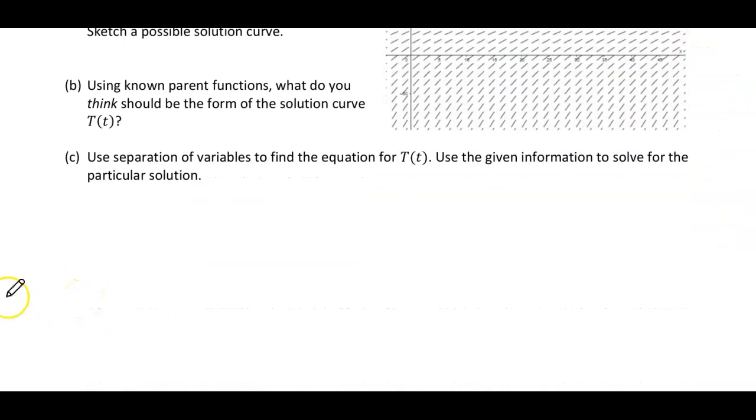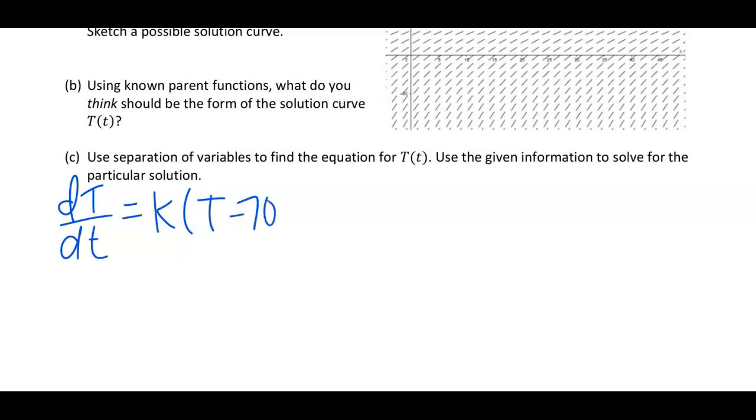Let's use separation of variables to find this equation for T. So I have the change in temperature over time is proportional to the current temperature and its difference to the ambient temperature. I'm going to keep T minus 70 together and move it over.